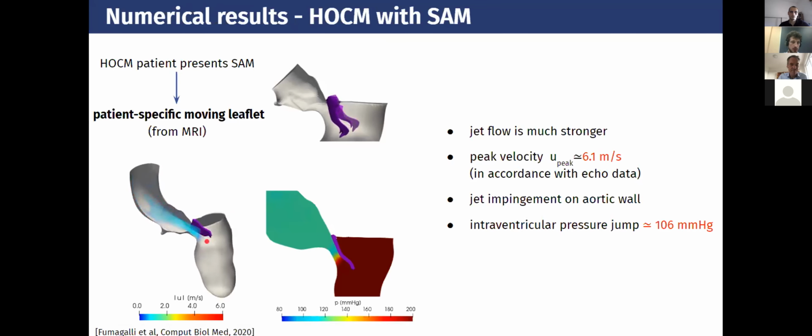So for high velocities, we would need a turbulence model, but in this case this kind of approach was enough to capture the development of the flow. In our group, we are currently working also on this subject, and this will be a topic that will be covered by Alberto Zingaro on Wednesday in his presentation.